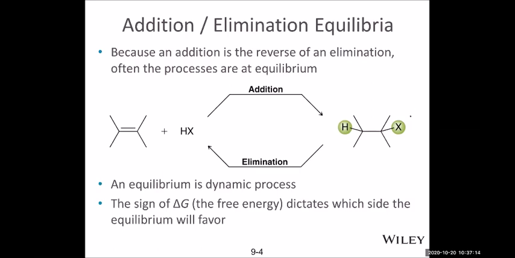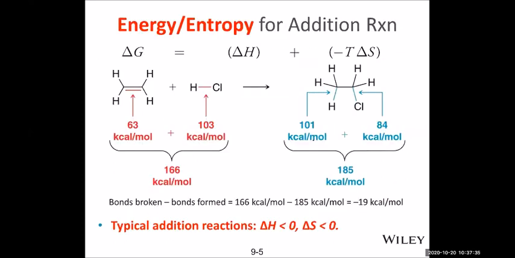Under certain conditions they can coexist and reach equilibrium. In addition reactions the entropy decreases. Therefore, the addition reaction is favored at low temperature. Since the addition reaction has decreasing entropy and is exothermic, low temperature is ideal for addition reactions.